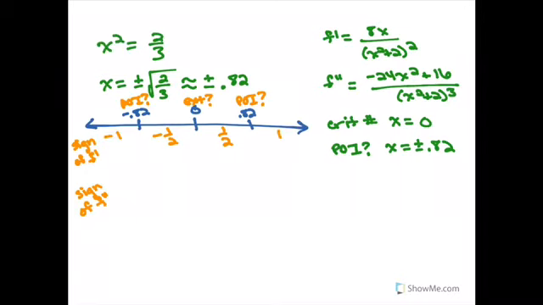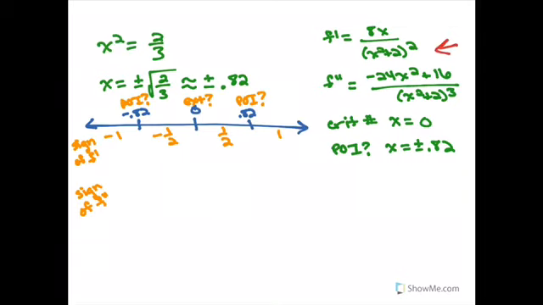But I'm not going to test for everything because I don't want to test all 4 of those points in my first derivative when I know the sign of the first derivative is only changing to the left and the right of 0, maybe. So if we plug negative 1/2 into my first derivative, first of all, let's look at the denominator. Is that denominator ever going to be negative?